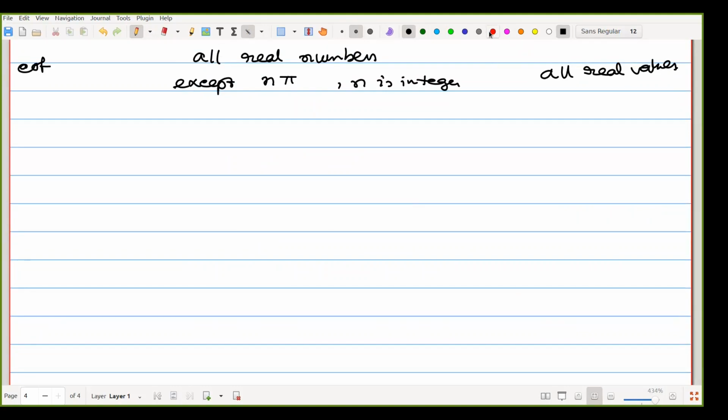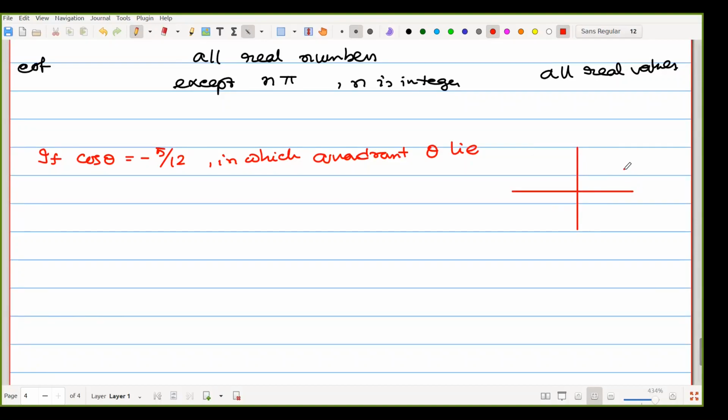Suppose the first question, a very simple question, given that if cos theta is equal to -5 by 12, in which quadrant does theta lie? So from the coordinate system, we can say in the first quadrant, second quadrant, third quadrant, fourth quadrant.